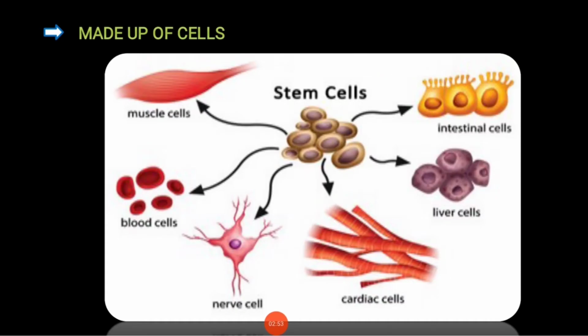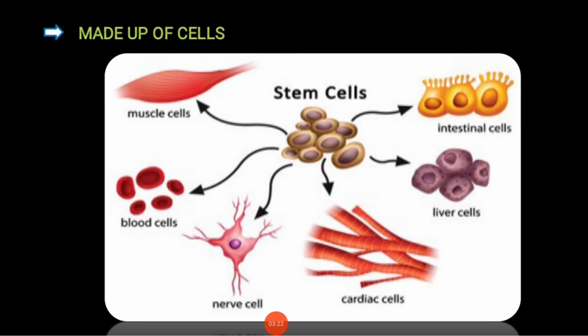Now, the second one is living things are made up of cell. Students, the body of the living things is made up of very tiny units called as cells. Cells is smaller unit of our body, means of living things.